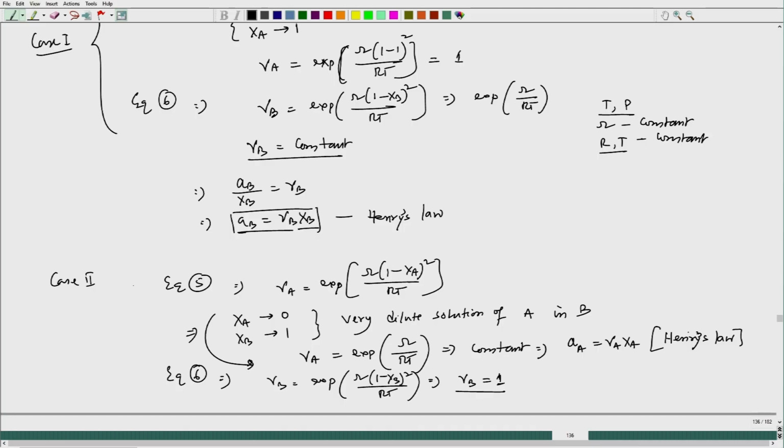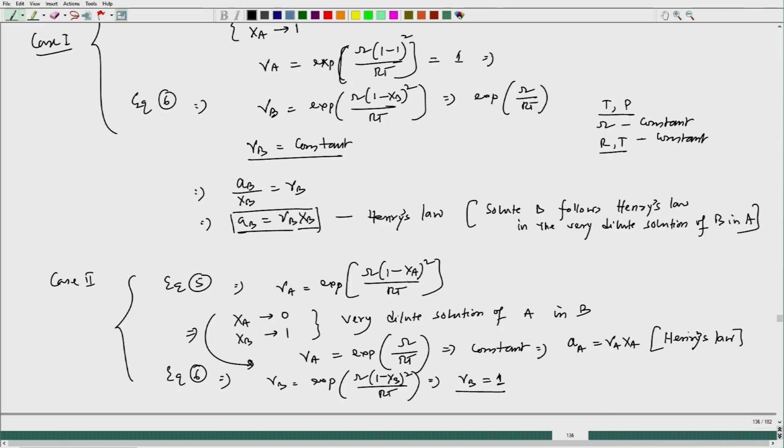In case 1, when XB tends to 0, the solute B follows Henry's law in the very dilute solution of B in A. If we see γA equal to 1, it means that the solvent will follow Raoult's law.